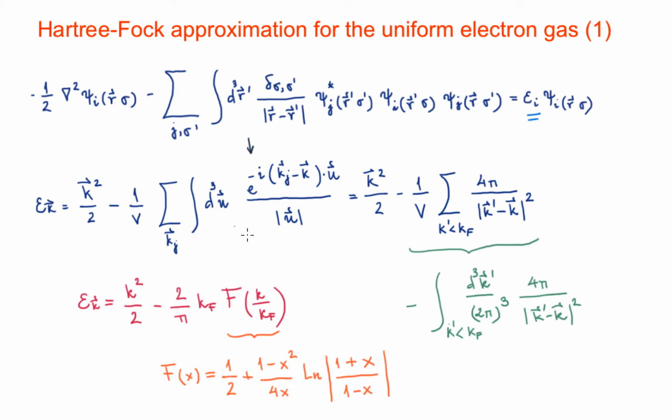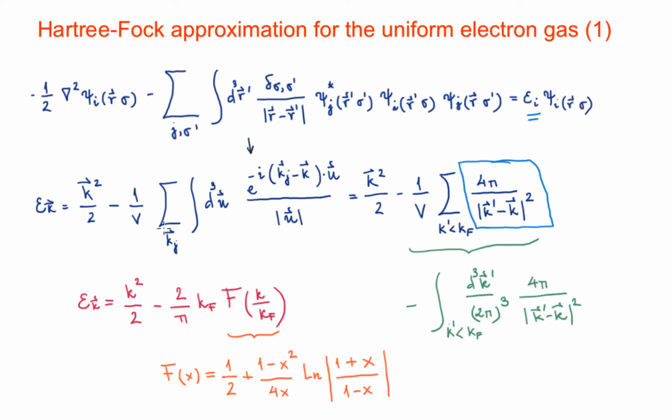First we do the integration over u, and we get this expression here. What we have is the Fourier transform of the Coulomb potential, 1 over u, or 1 over r in this case, and the Fourier transform of the Coulomb potential is 4 pi over q squared, where q in this case is the momentum difference.